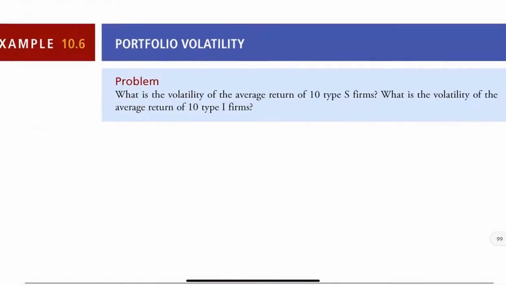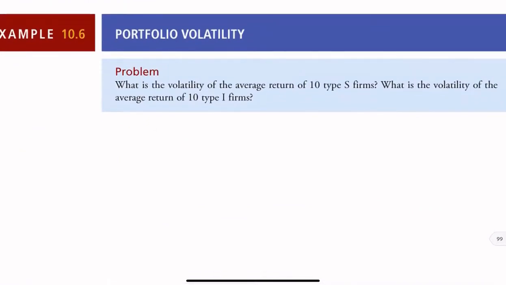Okay, now let's solve this problem of portfolio volatility. What is the volatility of the average return of 10 type S firms? What is the volatility of the average return of 10 type I firms? So we are thinking about 10 type S firms. Let's first think about the probability distribution.